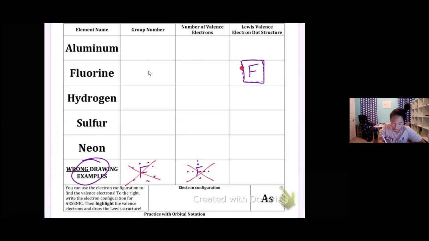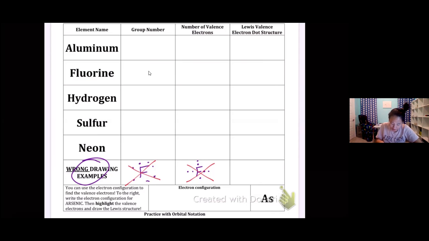So 1 dot, 2 dot, 3 dot, 4 dot, they're all on the box. Then 5, 6, 7. So they are on this imaginary box. Obviously we don't draw the box, but you have to imagine that it's there.